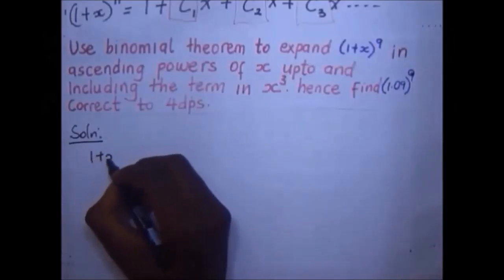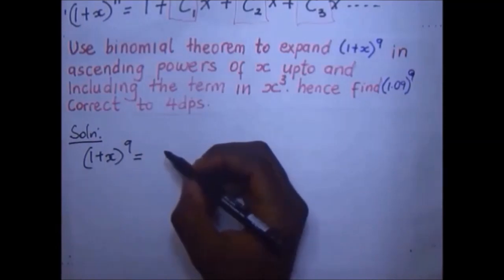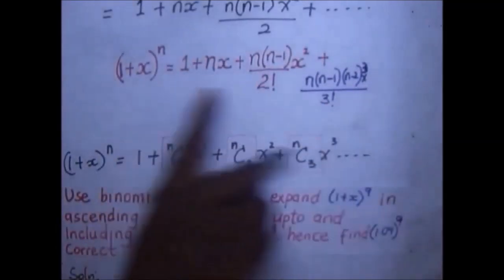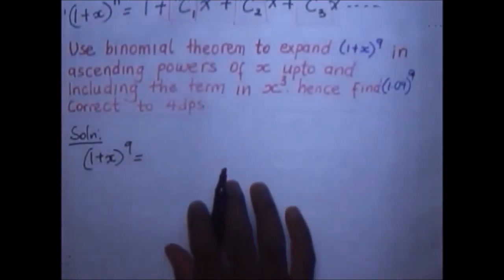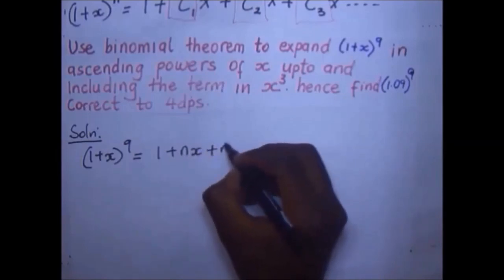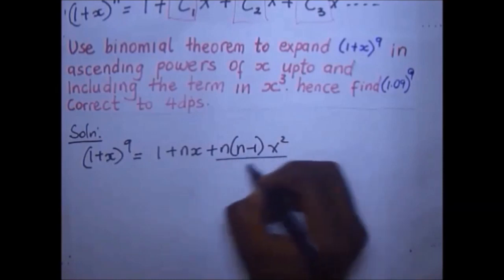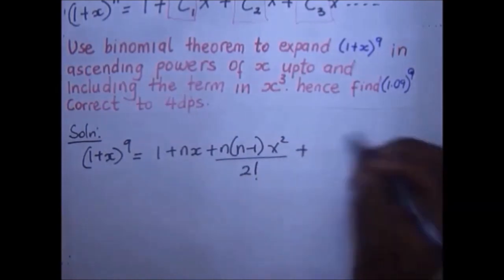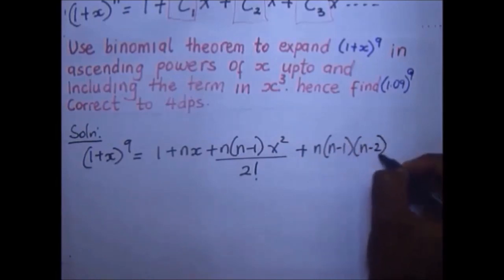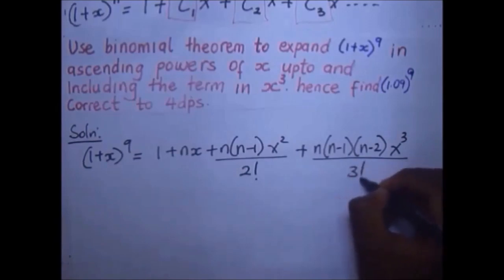Expanding 1 plus x to the power 9, that is going to be equal to, using this, it's going to be 1 plus nx plus n into n minus 1 x squared over 2 factorial plus n into n minus 1 n minus 2 x cubed over 3 factorial.